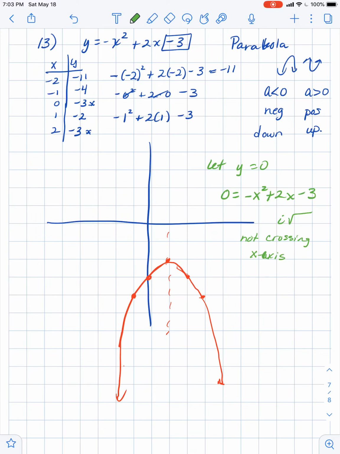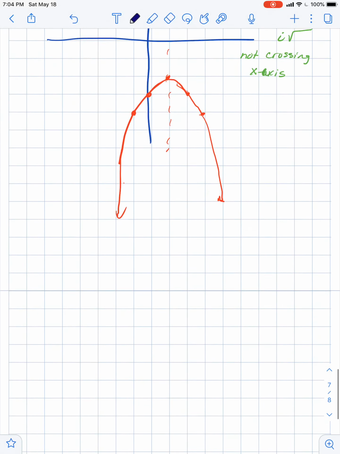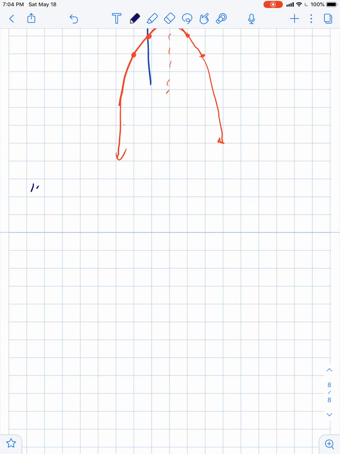Okay, so I'm going to do one more. So we'll do number 14. Now 14 is in a different form. This is called vertex form. And the reason it's called vertex form is because I could just look at it and state the vertex.